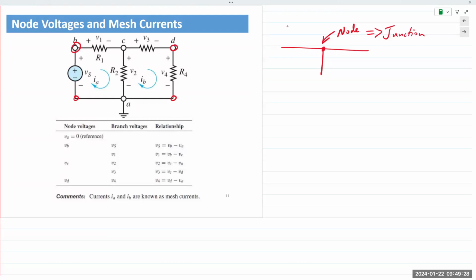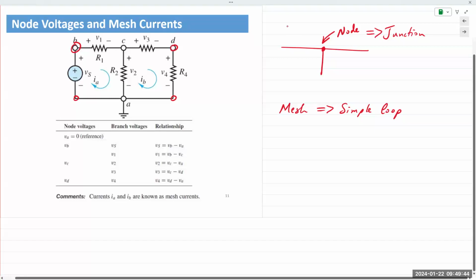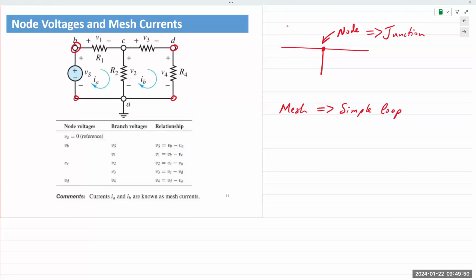A mesh is a simple loop. When we talked about KVL, I pointed out that if you start at a point in a circuit and you go around the circuit as if you were driving a vehicle and you come back to the exact same point, that is an electrical loop.